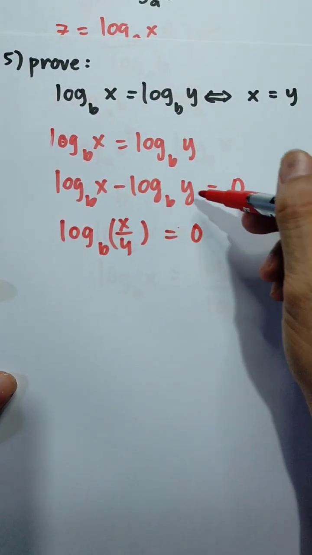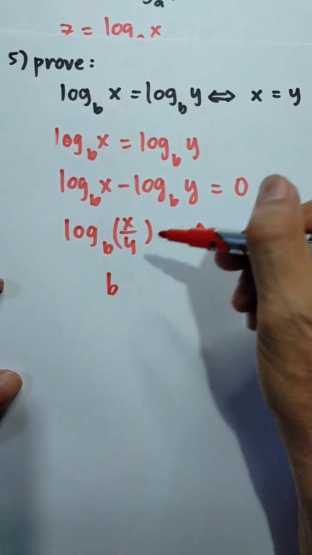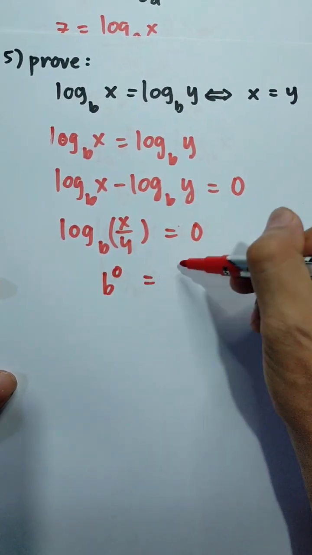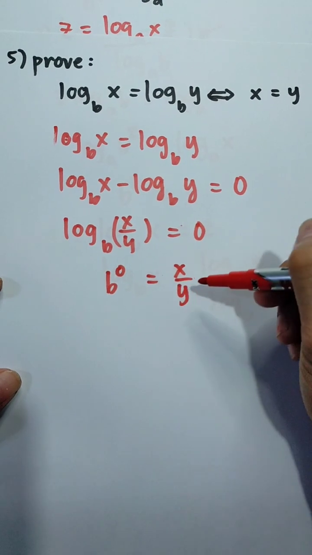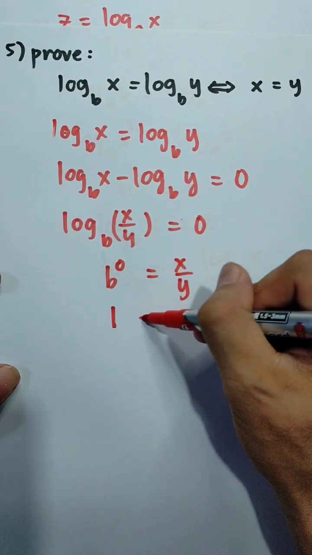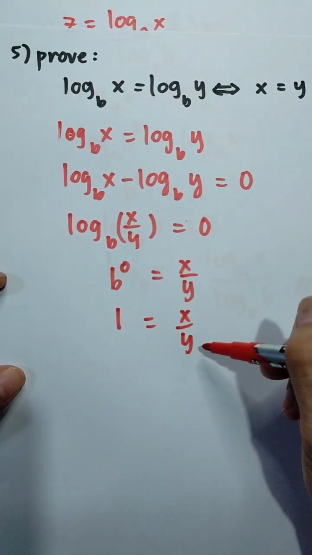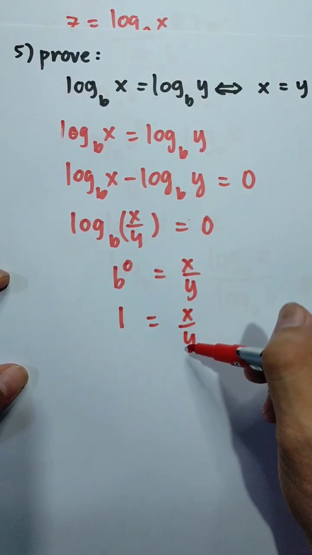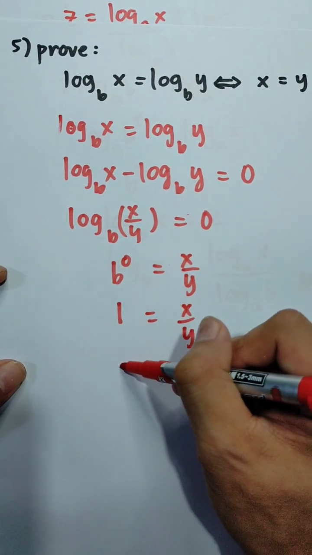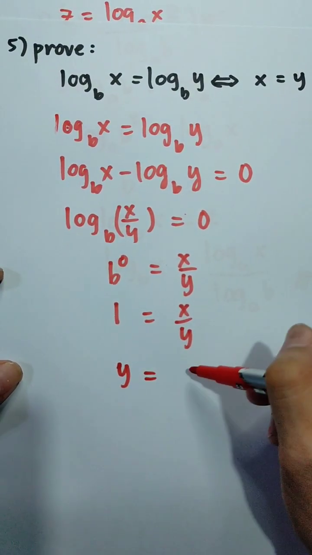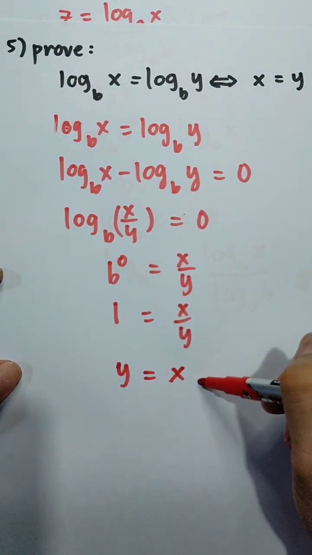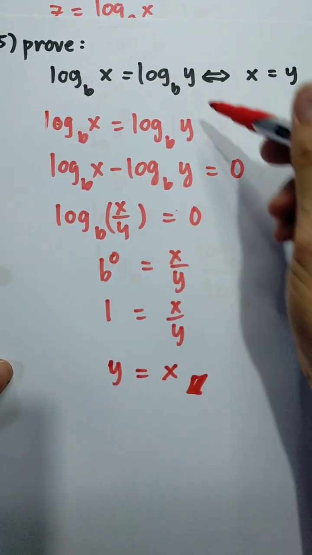Using the definition of logarithm, that's b to the 0 equals x over y, and b to the 0 is just 1. Then let's cross multiply this and put y on the left hand side, so we have y equals x, and that proves our property above.